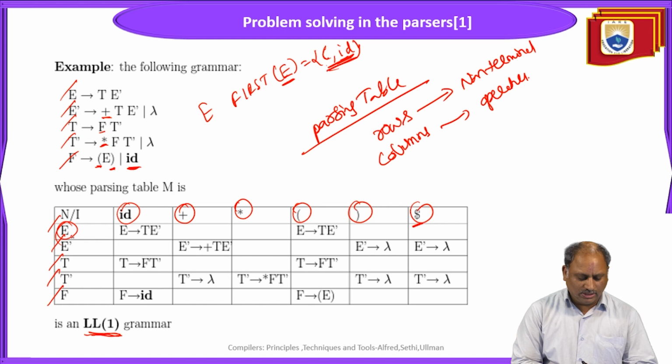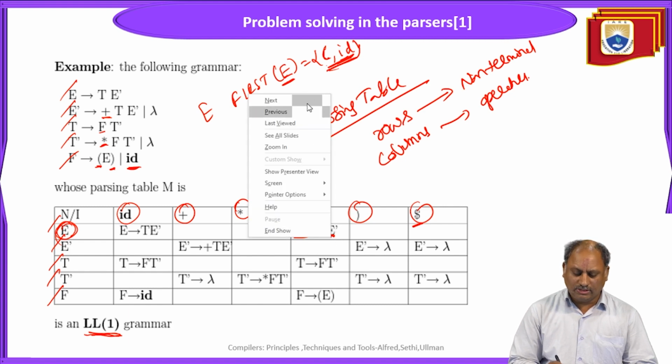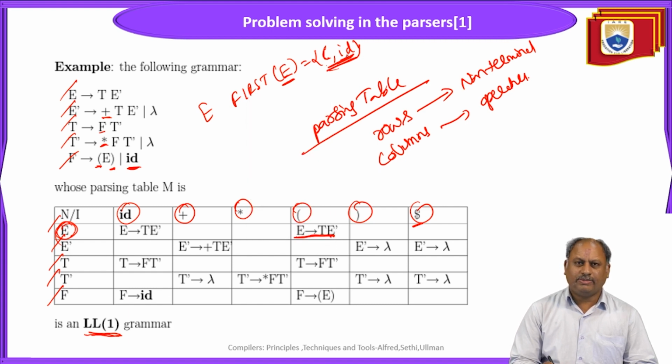So on the horizontal row, first row E, where this left parenthesis appears, we have to write this derivation. So this derivation, E dash T dash, should be written row wise with the corresponding symbols that appeared in the calculation of the first and follow functions. So that is E dash T dash, for ID as well as left parenthesis. So in both cases we have represented this.